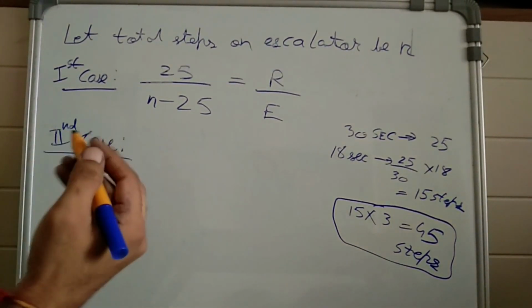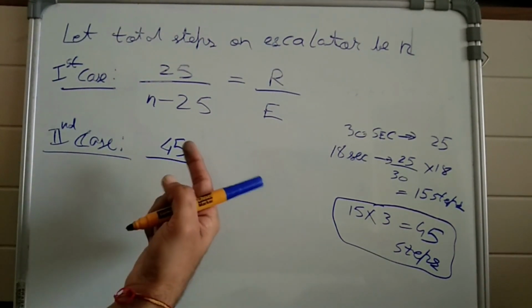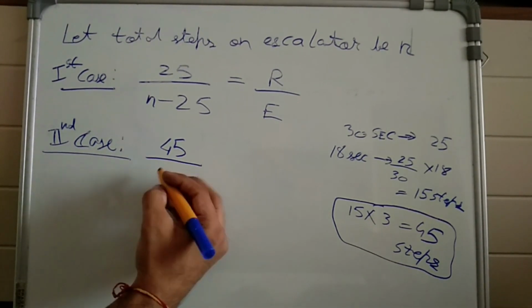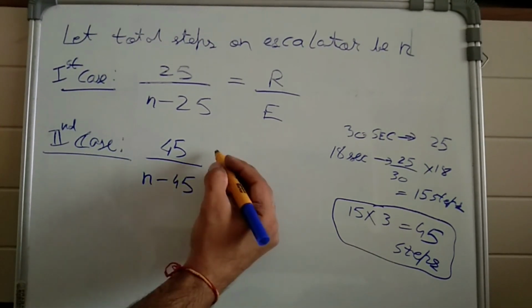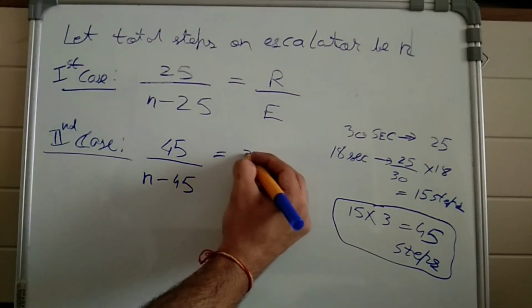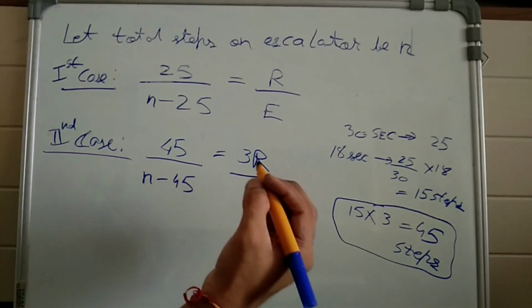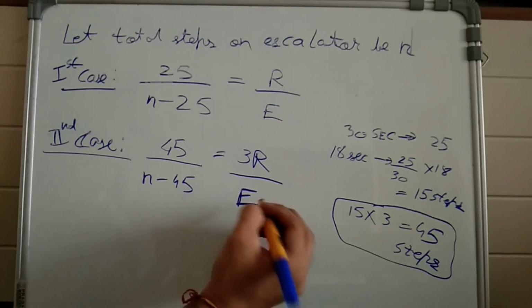So again, writing the ratio: 45 are the steps taken by Raj, and the remaining steps taken by the escalator will be total minus 45, that is n minus 45. Raj tripled his speed, so I will be taking 3r, and the speed of the escalator remains the same.